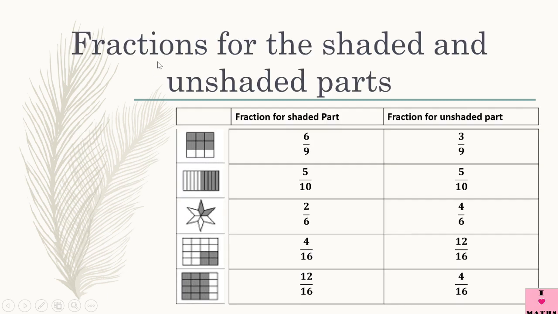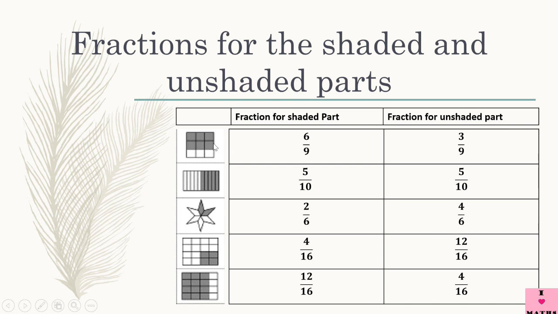Now, let us write the fractions for the shaded and the unshaded parts in these figures. In this first figure, the figure has been divided into 9 equal parts, and out of 9, 6 parts have been shaded. So 6 are the selected parts which have been shaded.